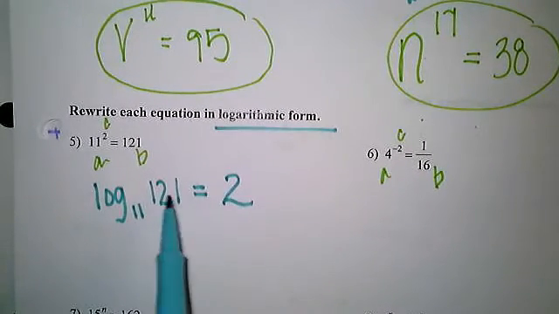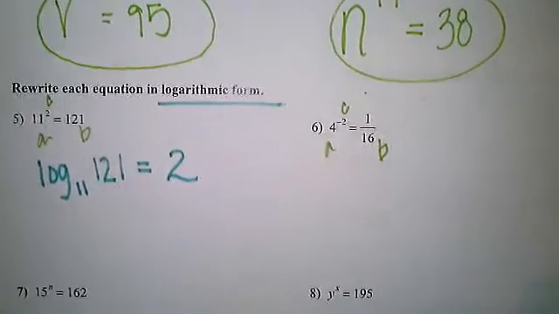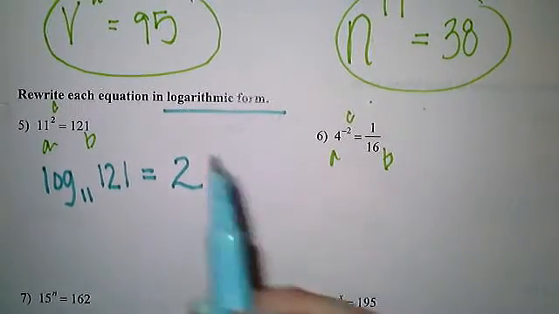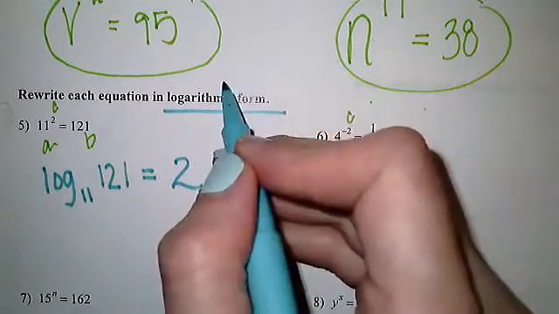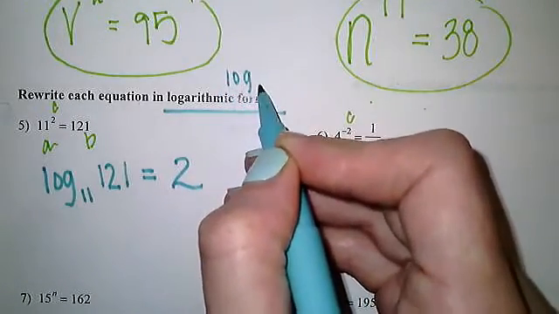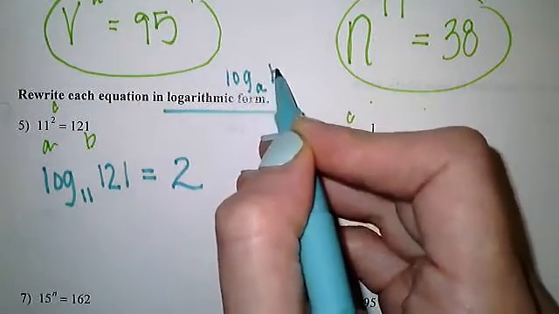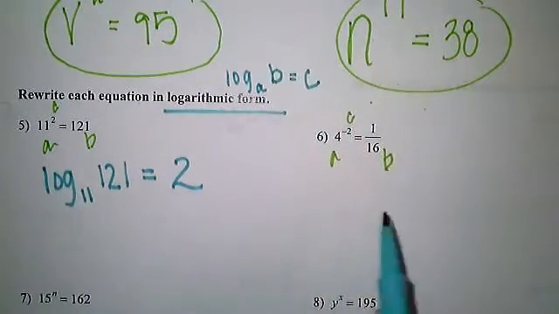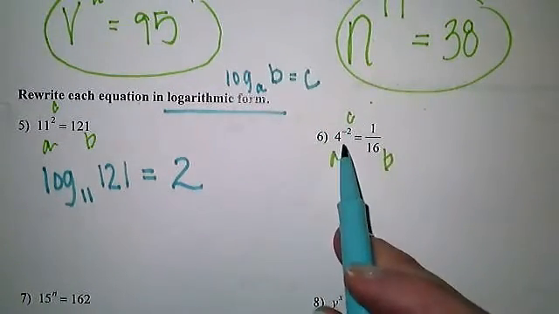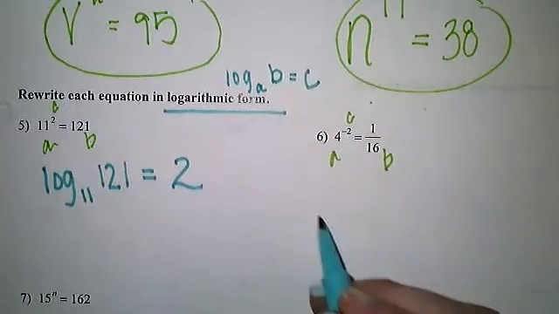So these two numbers switched position, and we have slightly different sizing on the numbers. Anytime you write in logarithm form, just remember that it's log with the little A, a big B equals a big C. And exponential form always starts ACB.